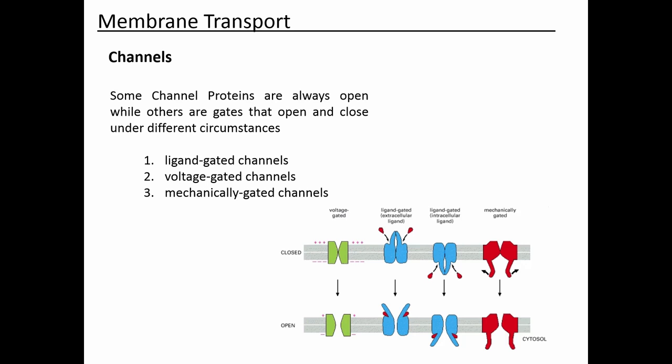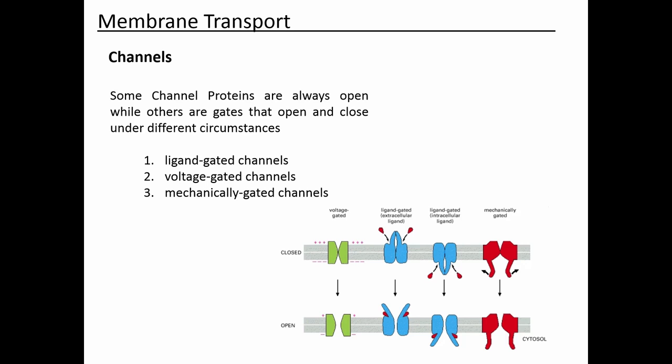If you stretch the membrane and that opens up the channel, that would also be a mechanically gated channel. And you have mechanically gated channels in your ears that are involved in allowing you to detect sound. So that would be one example in your body where you could find mechanically gated channels. Do you guys have any questions about the different types of channels?